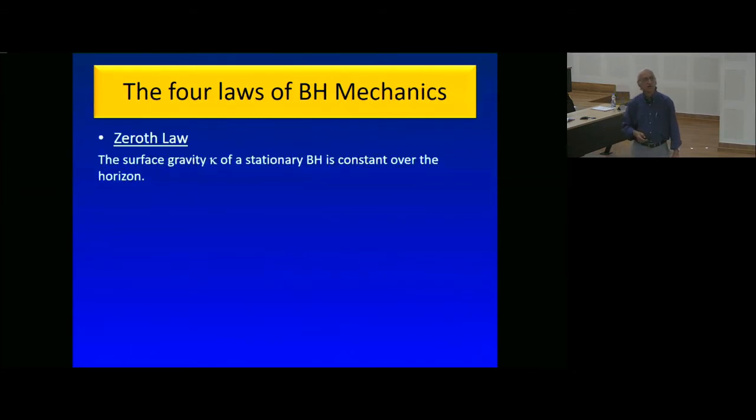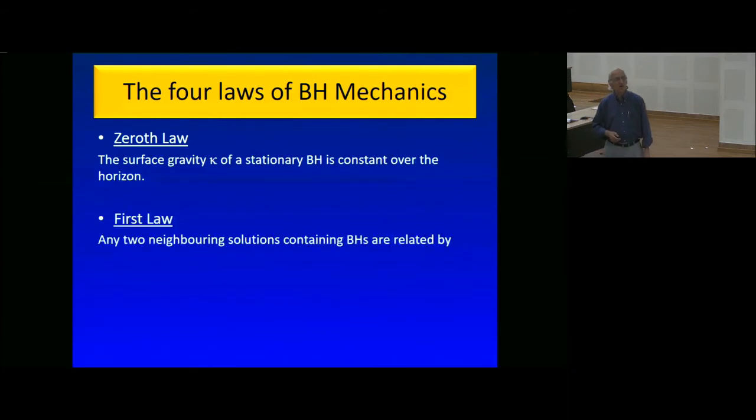The 0th law of black hole mechanics states that the surface gravity kappa of a stationary black hole is constant over the horizon. Surface gravity is the equivalent of GM over r squared, small g, okay?